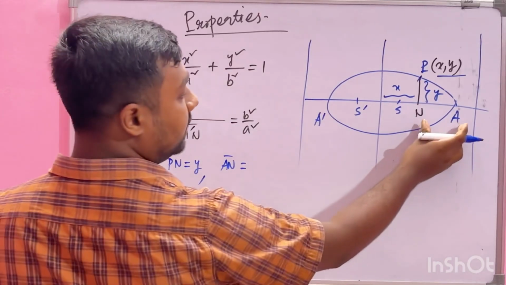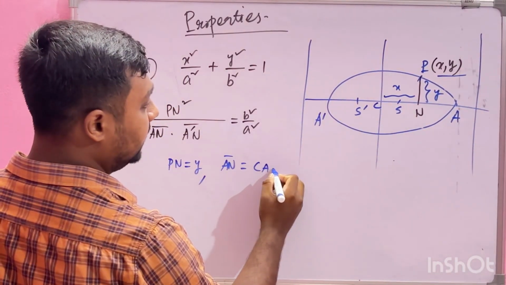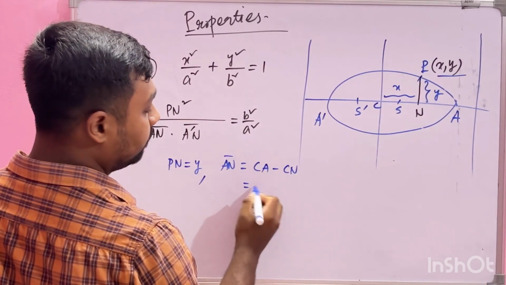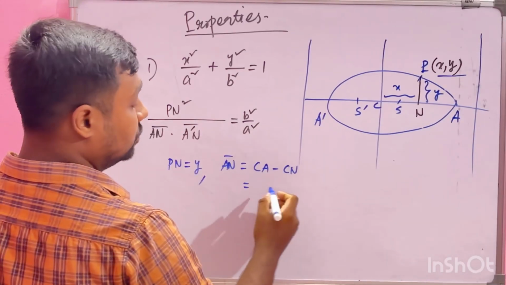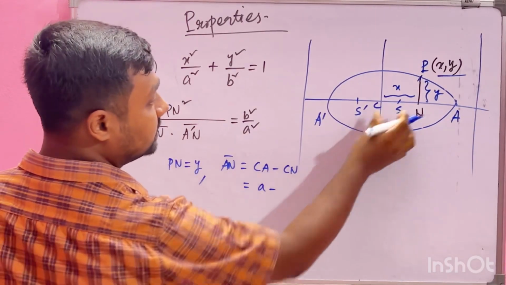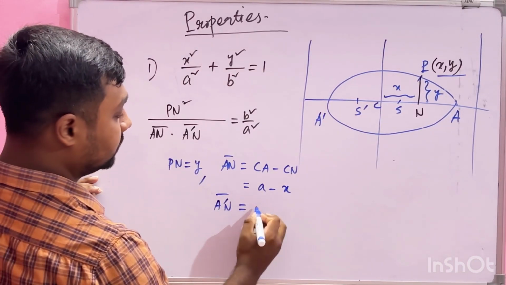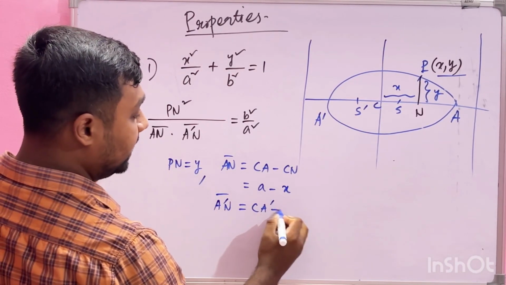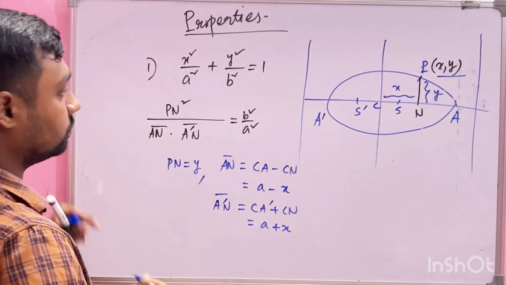What is AN? AN means if C is the center, then CA minus CN. So what is CA? CA is the semi-major axis. So that means it is a minus x, and A dash N is CA dash plus CN. So that means a plus x.